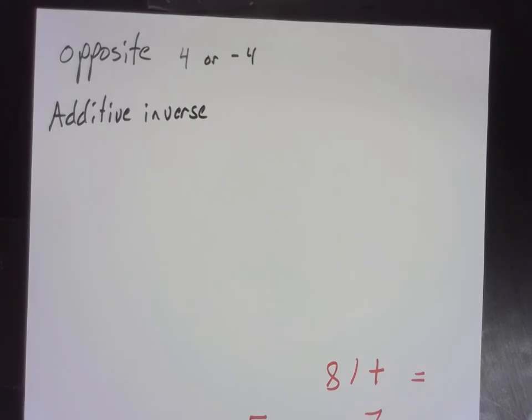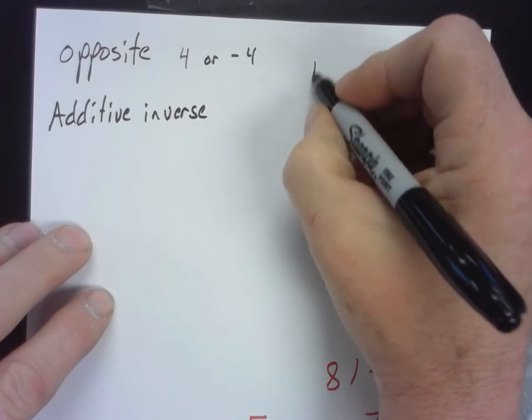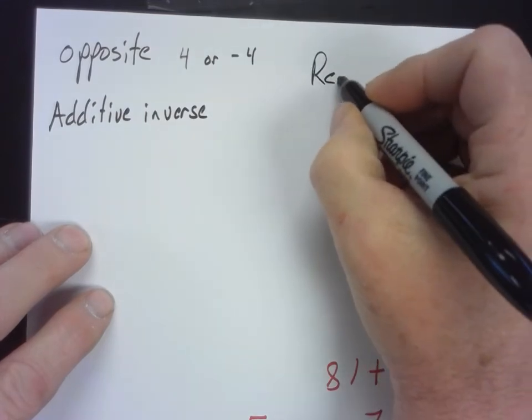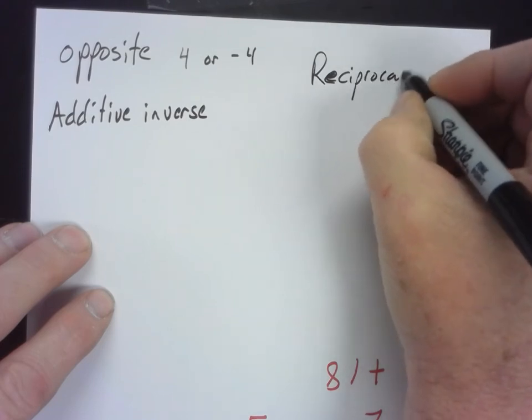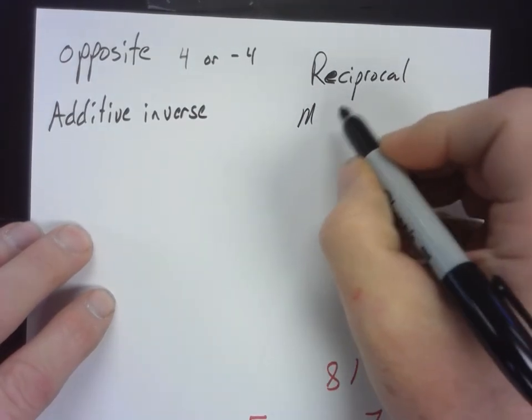Is there a number that does not have an additive inverse? 0. Why not? Is there a negative 0? Okay. And then we had reciprocal. Or multiplicative inverse.